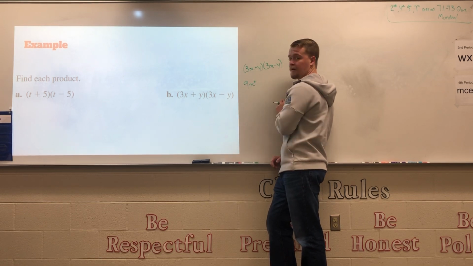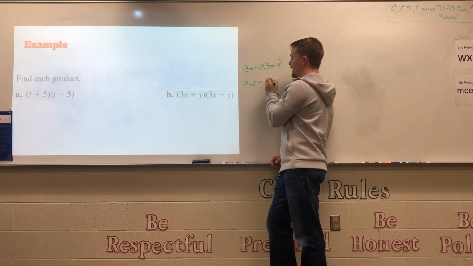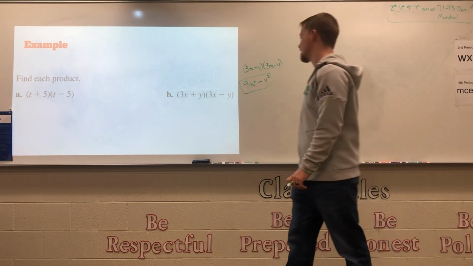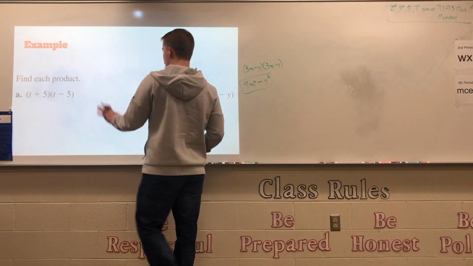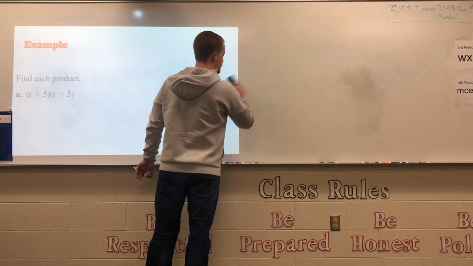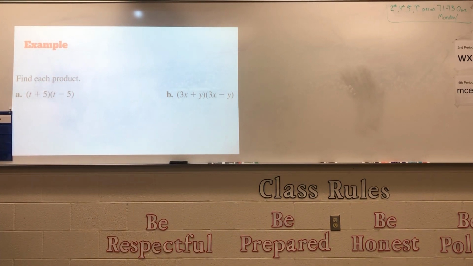So 9x squared is my first term squared, and then minus the last term squared would be y squared. So there will be your answer for that second one. So very simple if you have that pattern that you can run into. Very straightforward. So make sure you're looking for that as well.